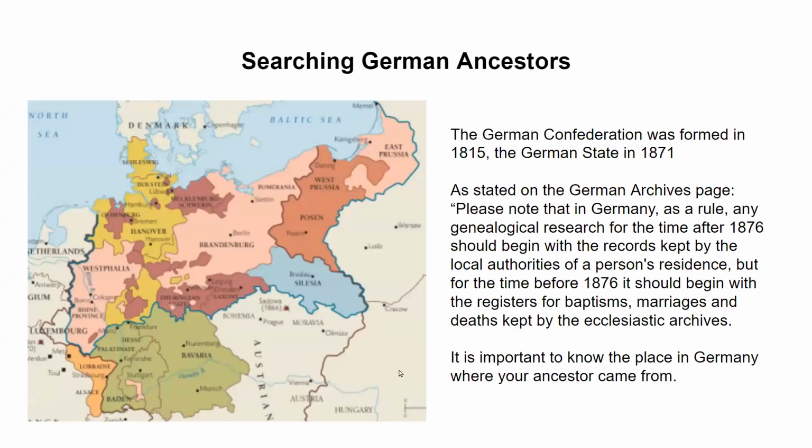Yeah, this slide, the main point here is just a little background. The German Confederation was formed in 1815, but the actual German state came around in 1871.